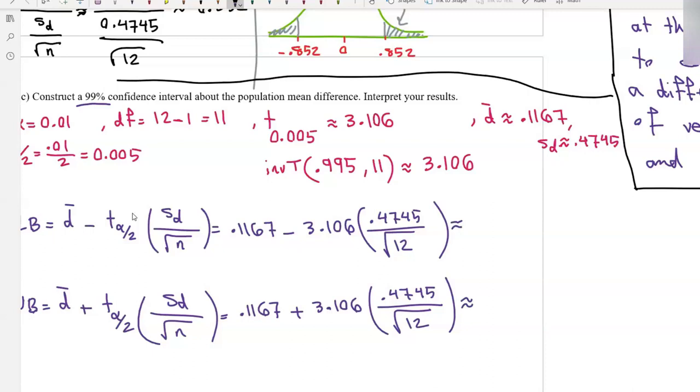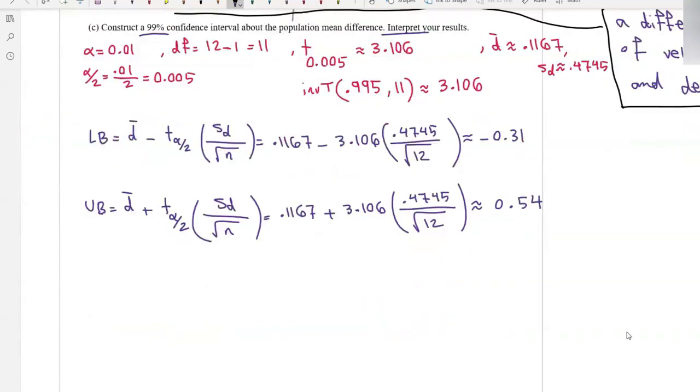Okay, I rounded this one on top, lower bound, to two decimals, and the answer is negative 0.31, and here is positive 0.54. So our interval is negative here and positive here.